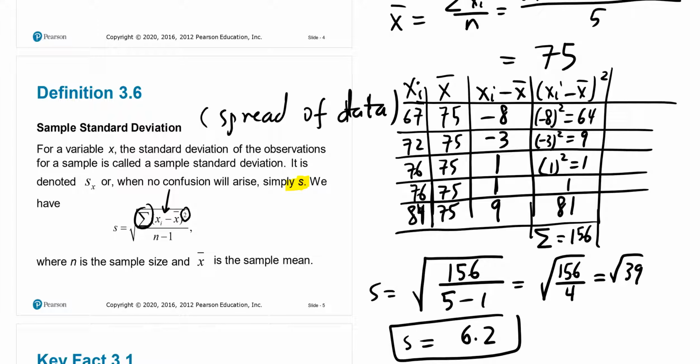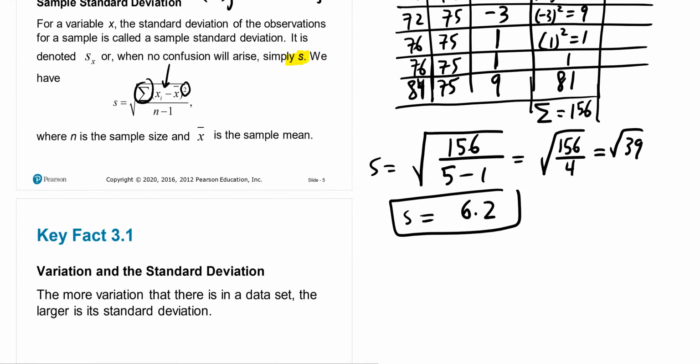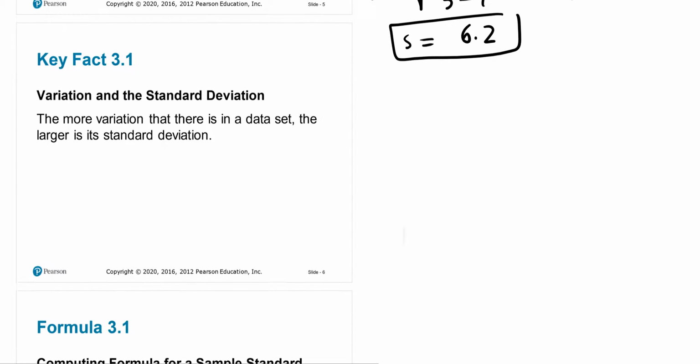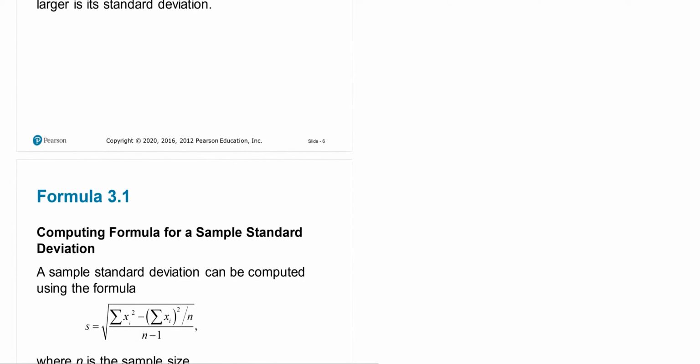Now, can we do it in a different way? Yes. The other method, which has more work to do, is this formula. Some people use this formula, some people use the other formula. What we need to do is sum up all the xi squared, as we did in the previous section, and also sum the entries and then square them.